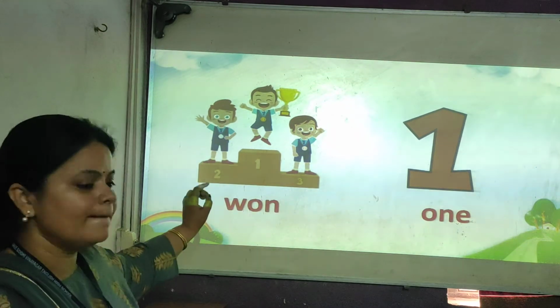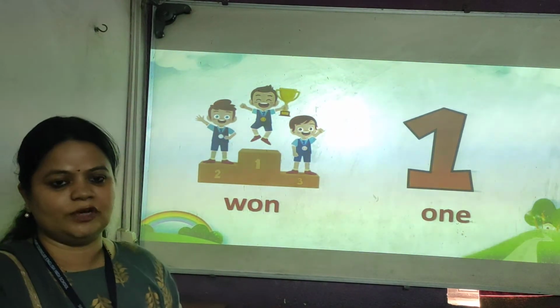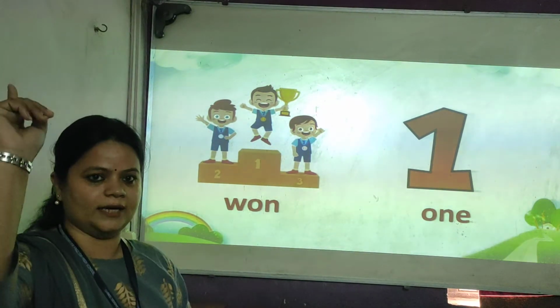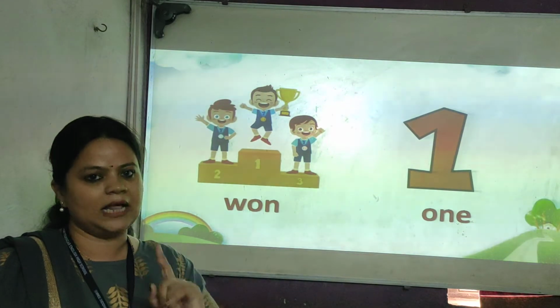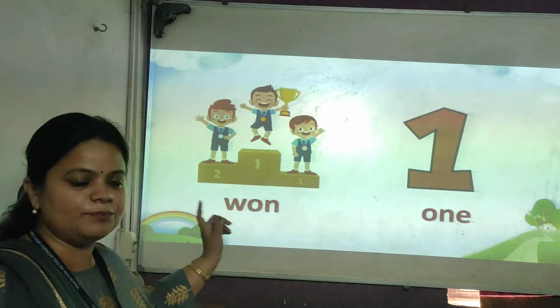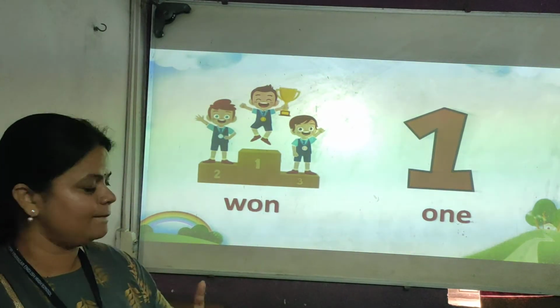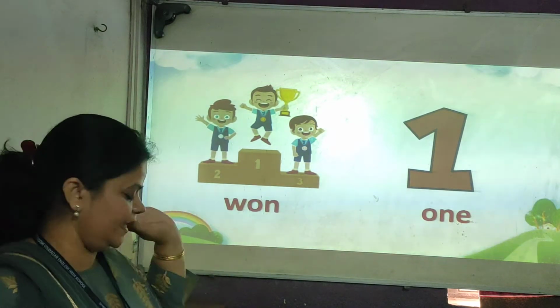So won means to win something. Yes, to win. In a race, if you get the first prize, then you won. And that one means it's a numerical number. So when you read both the words, they sound the same, but they have different spellings and different meanings.